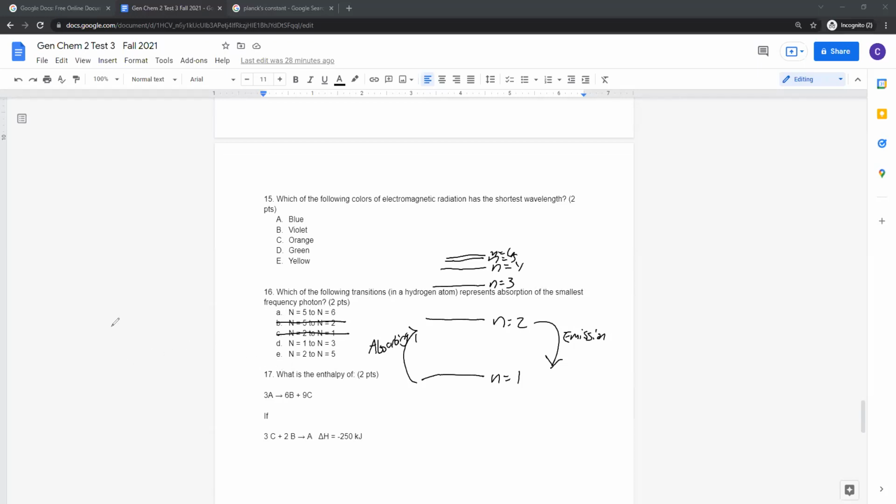So let's remember what frequency is. Frequency is how many times a wave hits a certain point per unit of time, like seconds. So if I'm standing right here and I have 2 different waves, I have one wave that looks like this. If I'm watching it come towards me, it's going to hit me a lot of times per second.